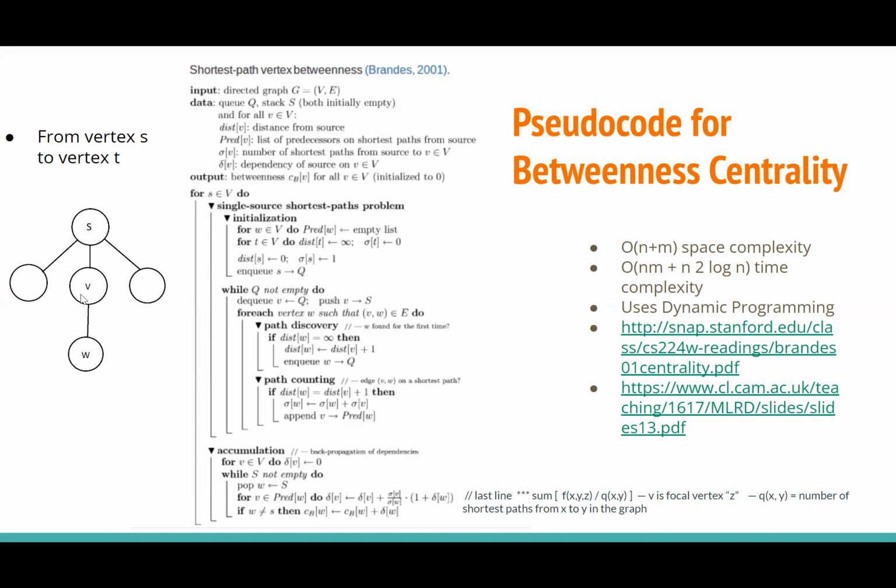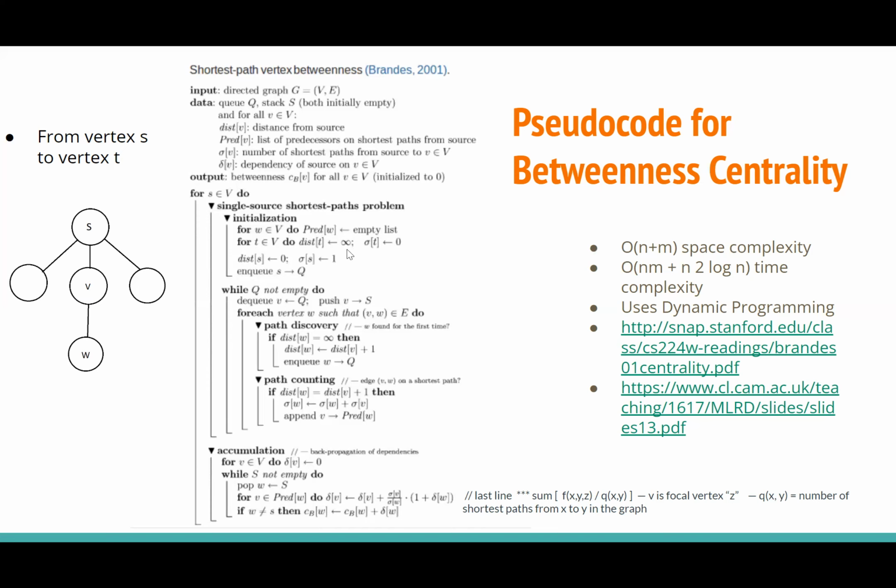So say V is the focal vertex. So all W's will be put into this pred W, predecessor of W. Right now it's empty. For T, which is the N, because it goes the vertex, the path is from S to T.